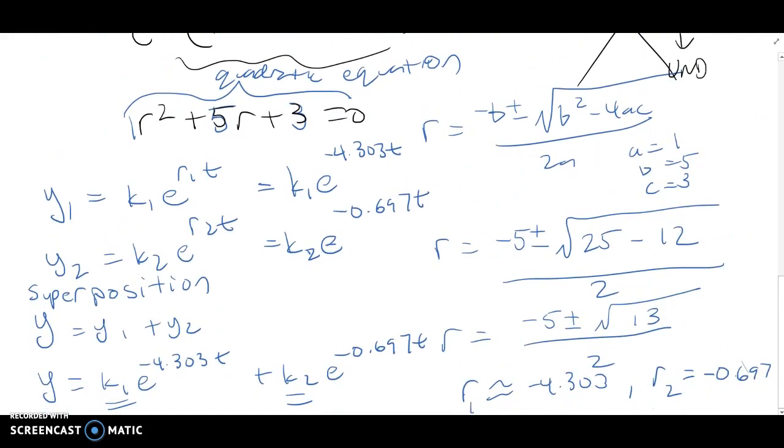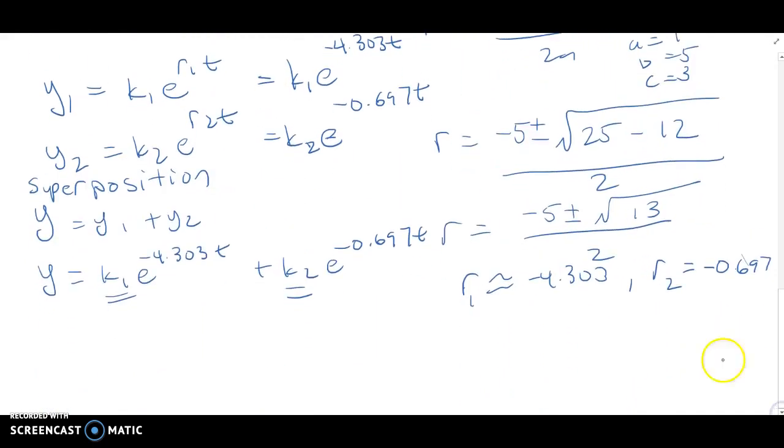And so I know that I could set the position function. I want the position to be 0.5 equals k1 e to the 0, because I'm looking at this at time 0, plus k2 e to the 0. And then the derivative of this, which is the position function, is the velocity function.